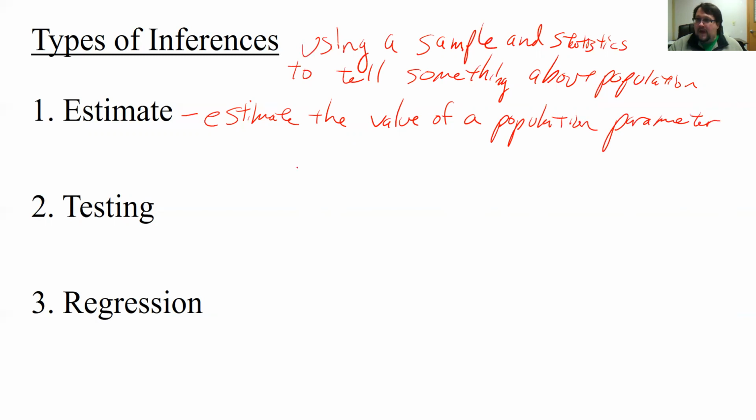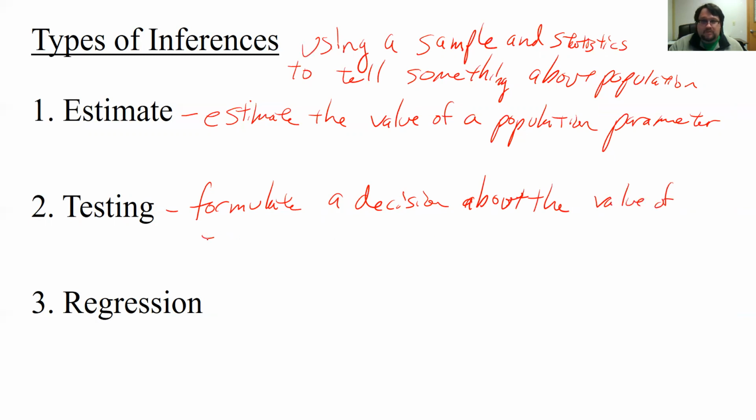Okay, as opposed to testing. So testing, instead of just taking the data that's already there and looking at it, this is actually, you're going to set up experiments. You're going to formulate a decision about the value of the population parameter.